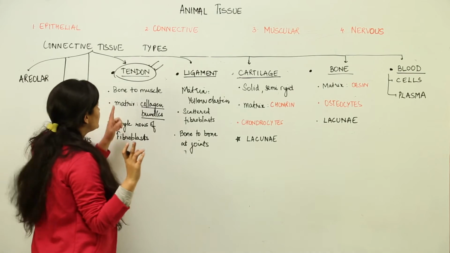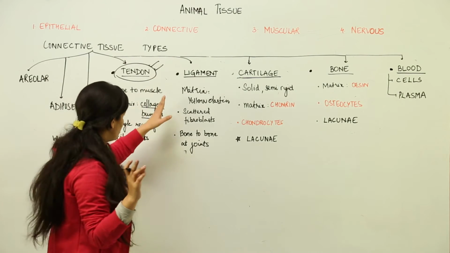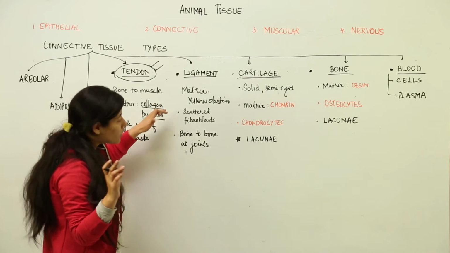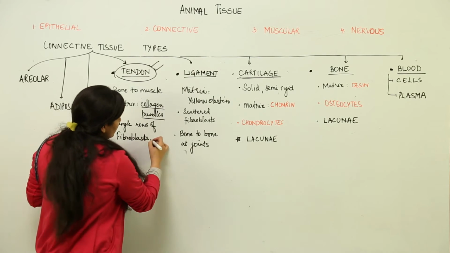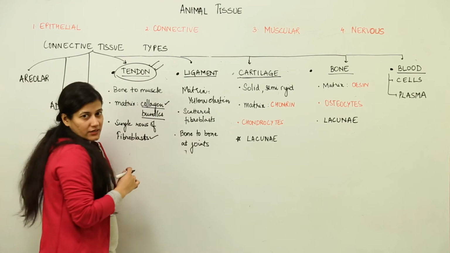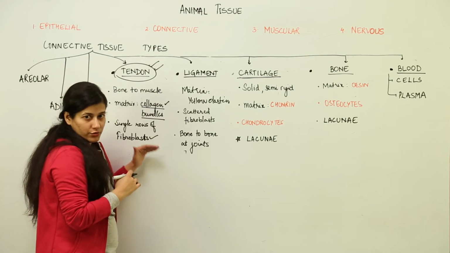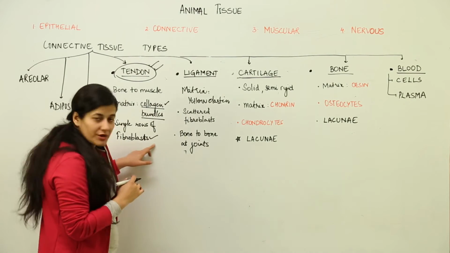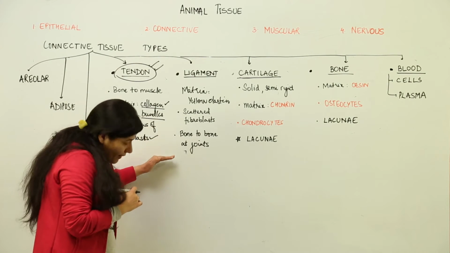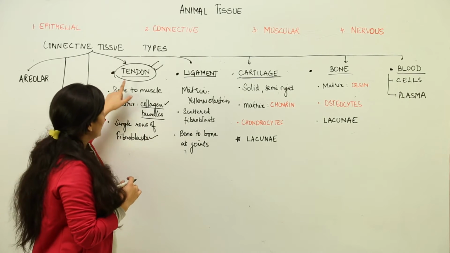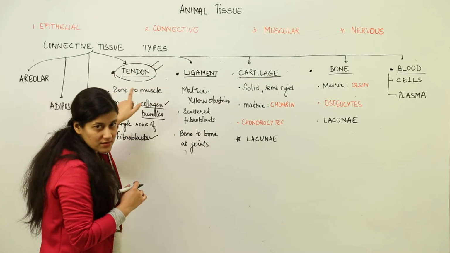Please remember, it is dense regular connective tissue which is formed by collagen bundles which work as the matrix, and the fibroblasts which secrete these bundles that are arranged parallelly to each other. So the cells which are present are fibroblasts which secrete these parallelly arranged collagen bundles, and that's why the tendons are inextensible.